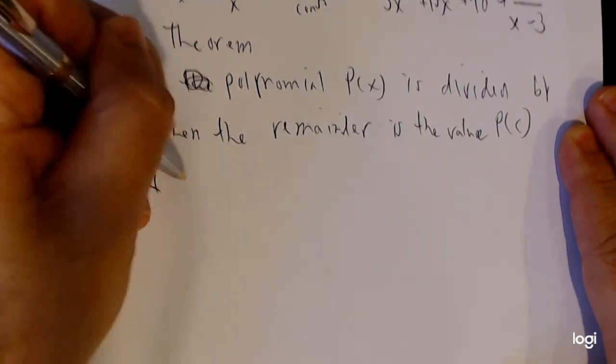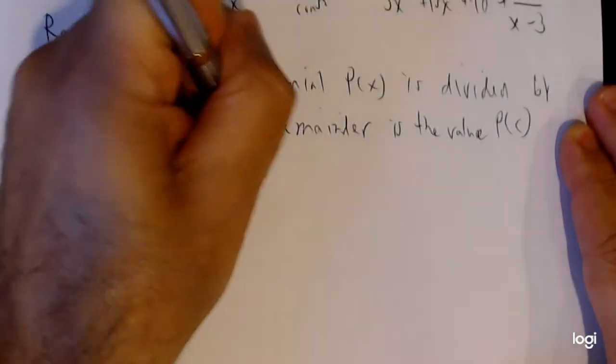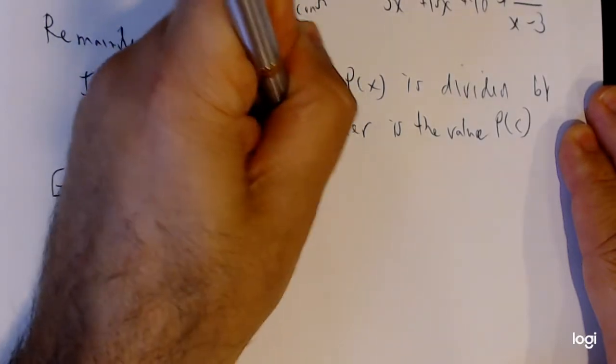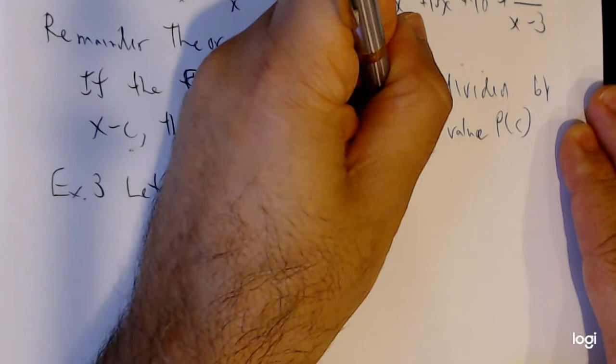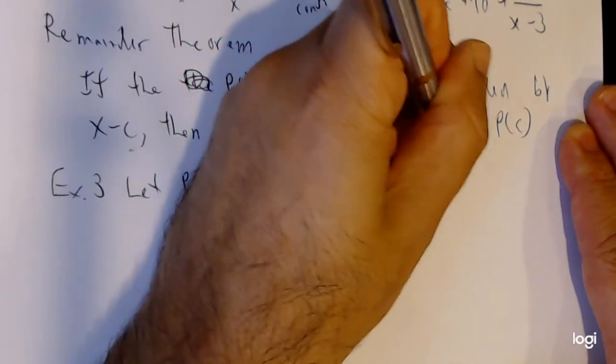So we're going to say let p of x equal 8x to the 5th minus 2x to the 4th plus 10x cubed plus x squared minus 20x plus 1.